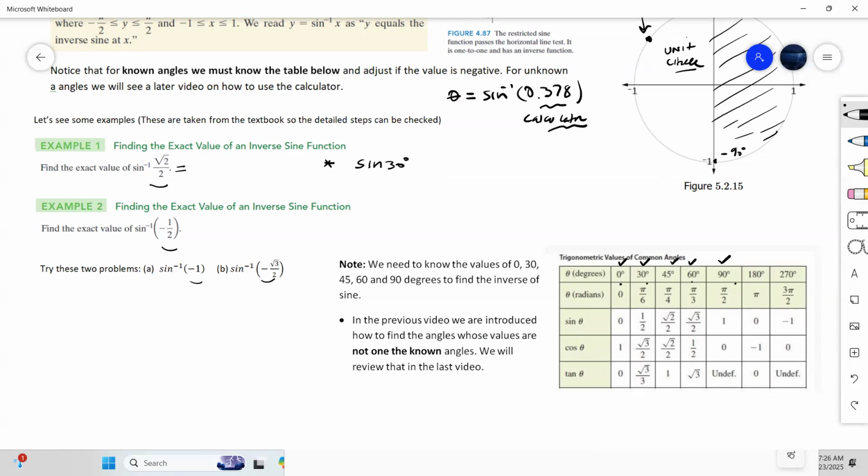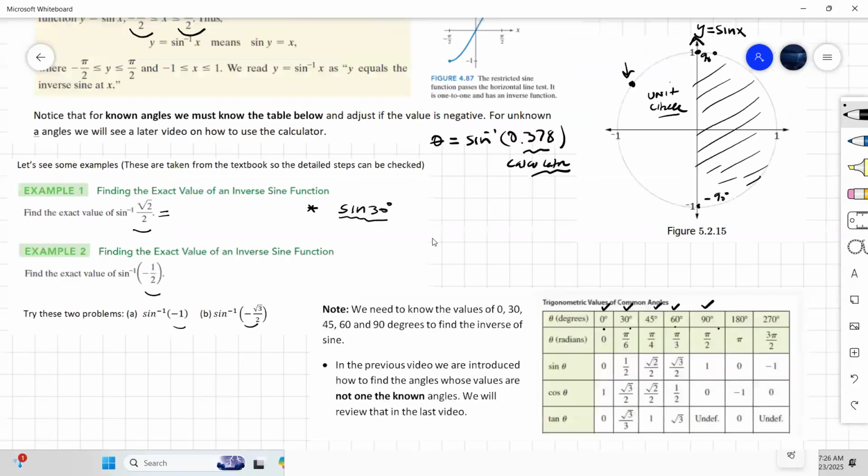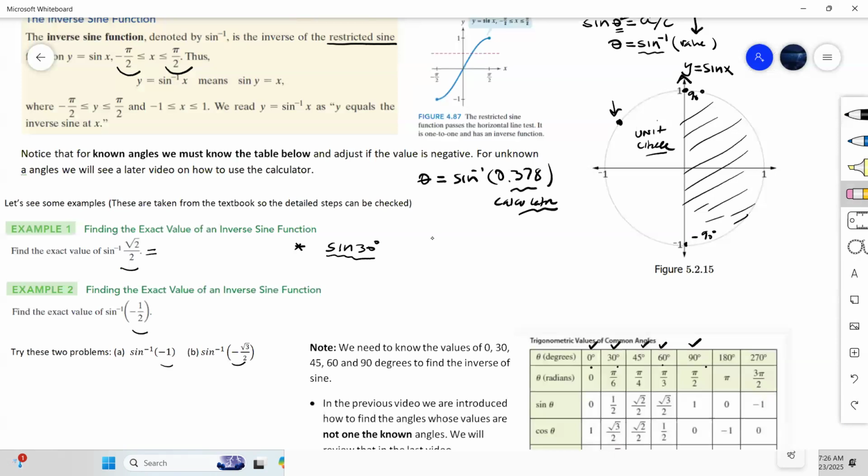When you're being asked sine of 30 degrees, this is what you are being asked. Okay? Let me go to the unit circle again. So here is 30 degrees.